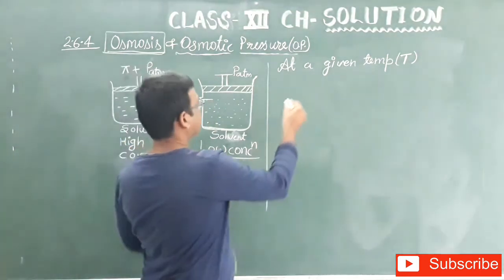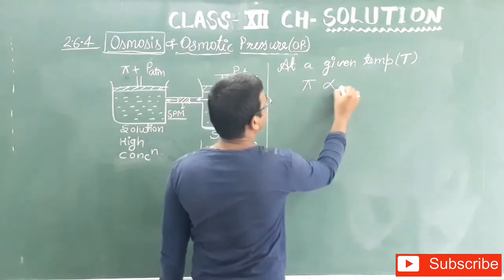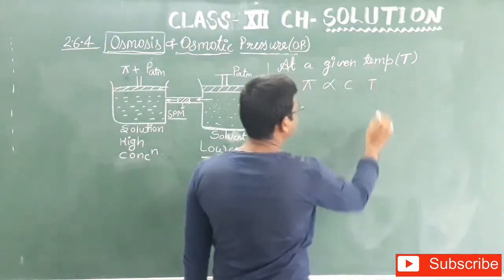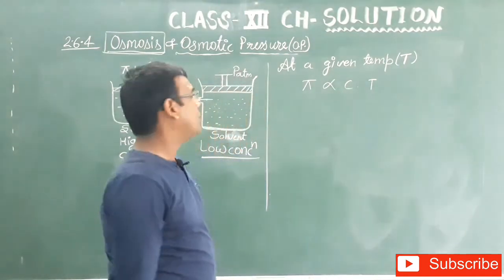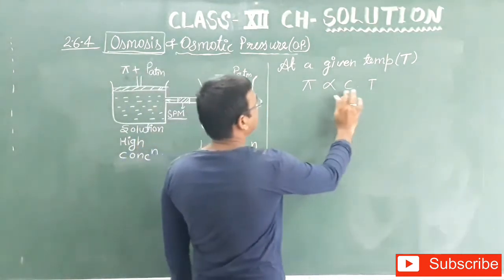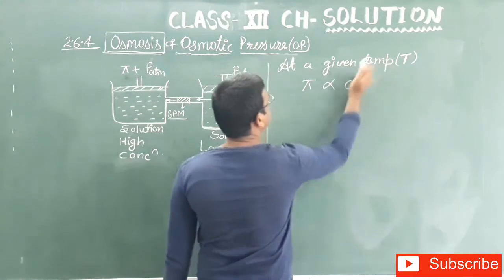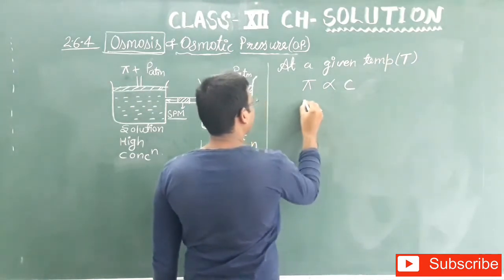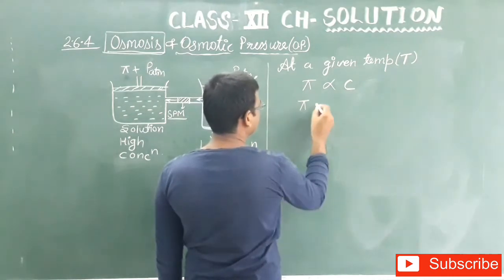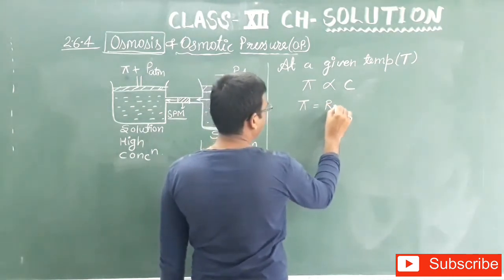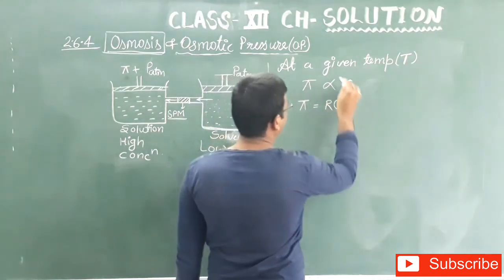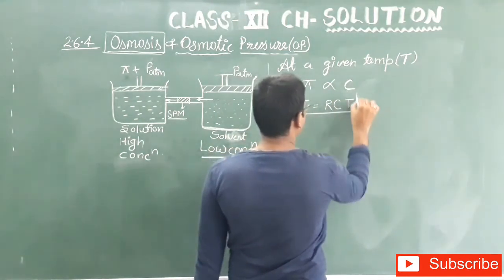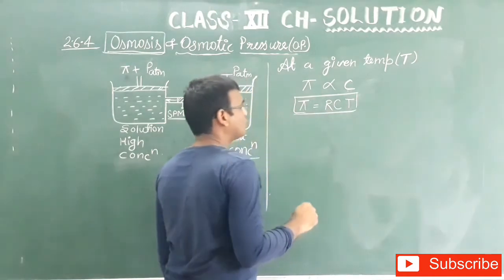Pi is directly proportional to C. What is C? Temperature is also there, but that is constant. Pi is directly proportional to C, where C is concentration. If you remove the proportional constant, then you get R and then C. At constant temperature, if temperature is changing, then it becomes pi is equal to RCT.